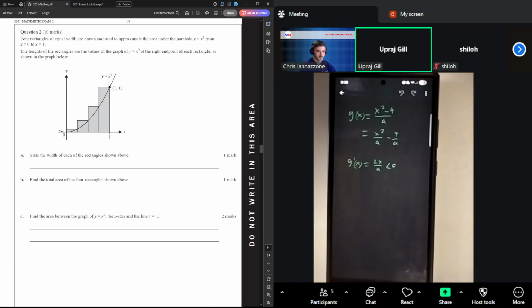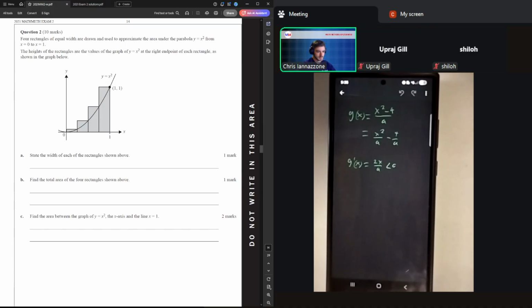Chris, is it 1 on 3 units squared? It is 1 and 3, yeah. How'd you come to that conclusion? What's the overall approach for that?